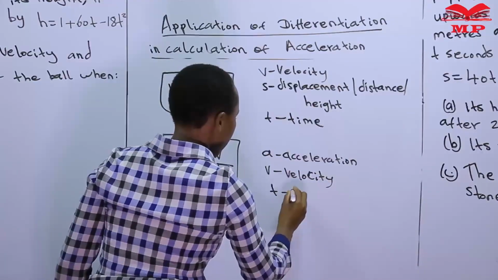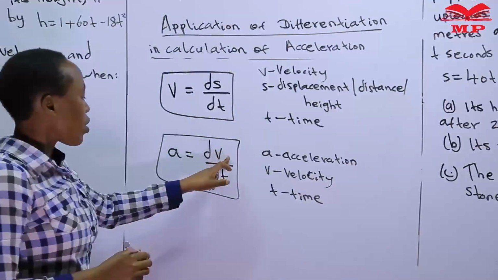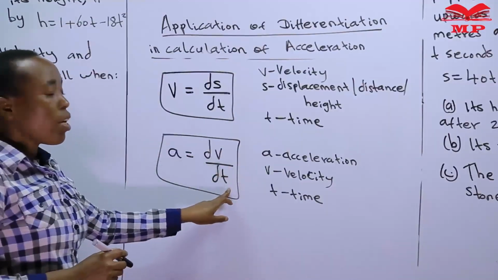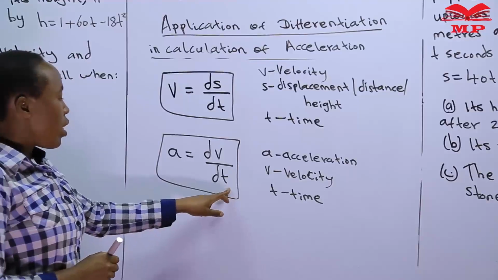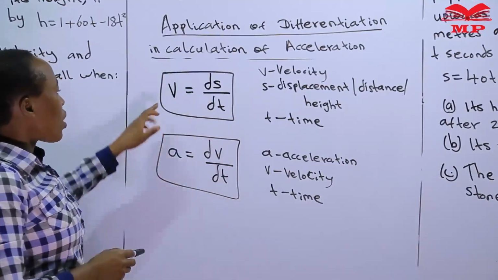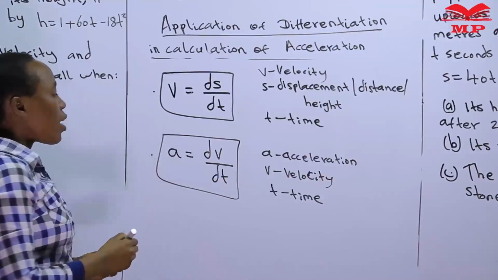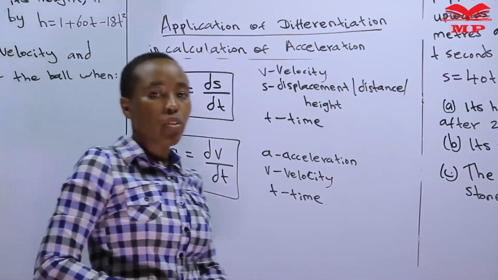Again here t is the time. So you differentiate the equation for velocity with respect to t. Then you differentiate this equation again with respect to t. So that's how we calculate velocity, ds dt, acceleration, dv all over dt.